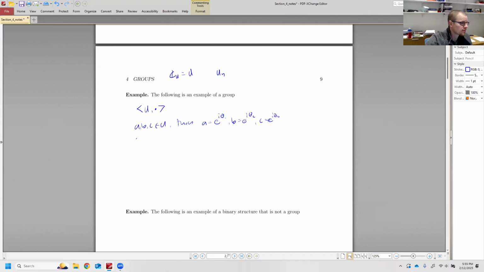Now, if I wanted to talk about A multiplied with B multiplied with C, I can observe that this is e to the i theta 1 times e to the i theta 2 times e to the i theta 3, which of course is e to the i (theta 1 plus theta 2) times e to the i theta 3.